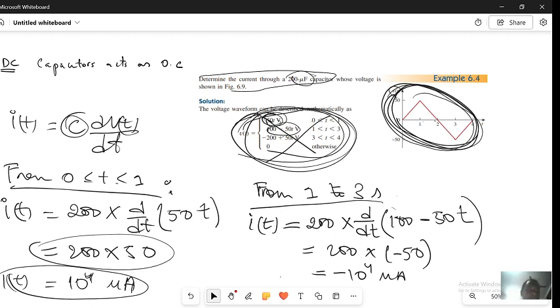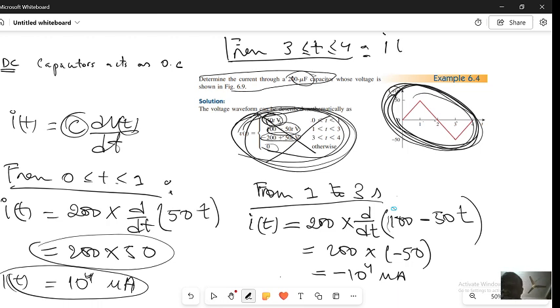Now let's see from 3 to 4. From 3 to 4, what's the graph? You can determine it, we already saw, but now it gives you minus 200 plus 50t. The constant minus 200 has derivative 0, so it is a constant.